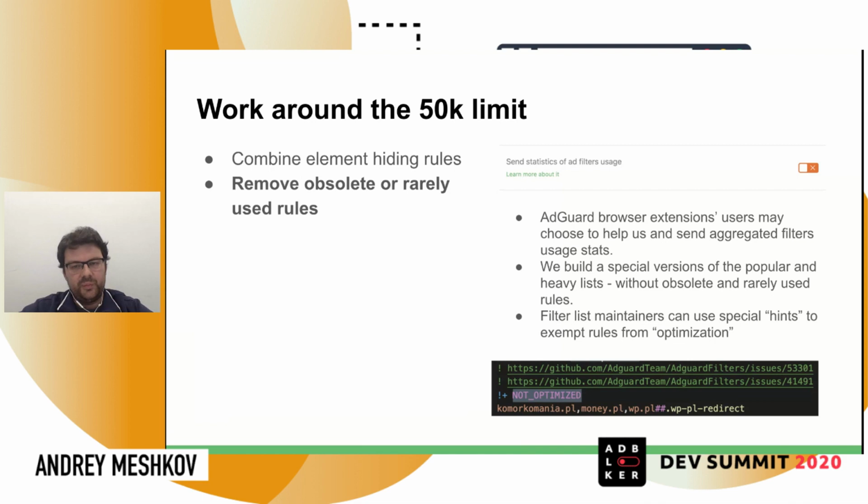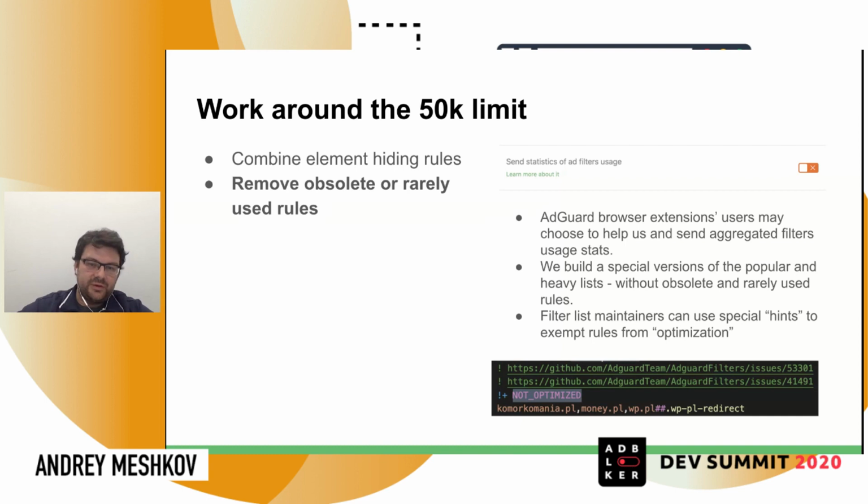This is just a list of rules plus the number of usages of these rules. So that's simple. And based on this data, we build a special version of the popular and heavy lists like AdGuard Base filter or EasyList without obsolete and rarely used rules.